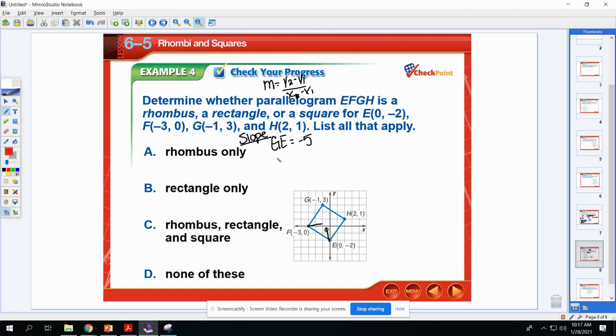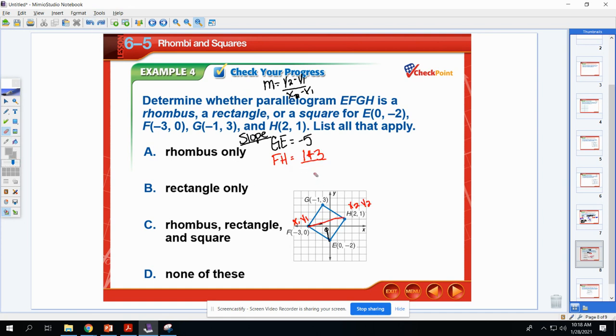Now let's go ahead and do our other diagonal here, FH. So F is x1, y1, H is x2, y2. Throw those into our slope formula.